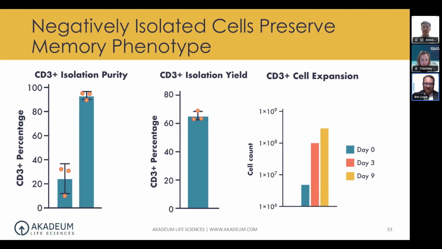And then lastly, right at the simplest level, tracking just the cell expansion over a 9-day process in a G-Rex platform, and showing, right, essentially that we can saturate the cell capacity within those G-Rex within 9 days. All great signs that these cells are performing to the quality that we want.